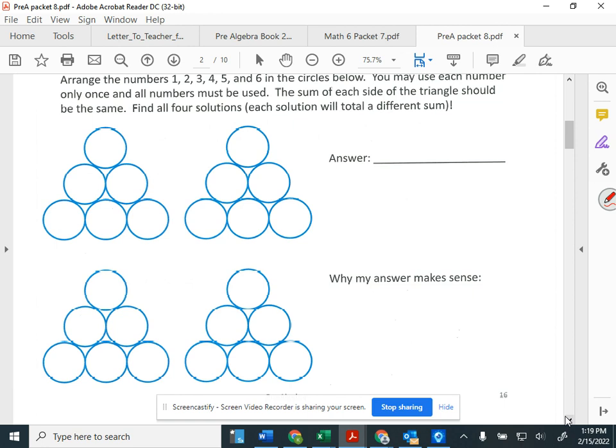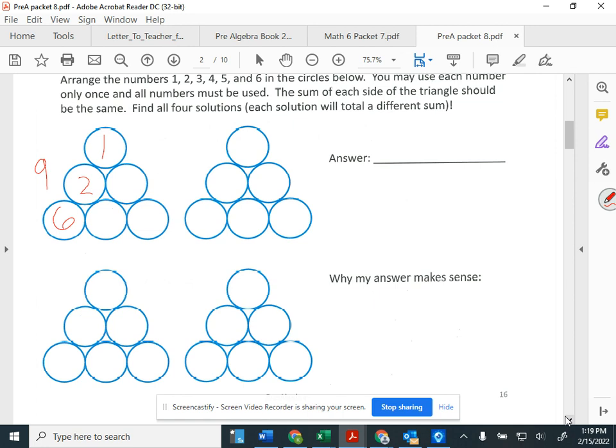Okay, so if I put a 1 up in that top circle, let's say I put, let's do this, 2 and a 6. That gives me a sum of 9. So that means going across on the bottom, I have to get 9.